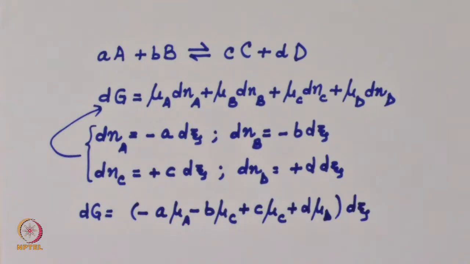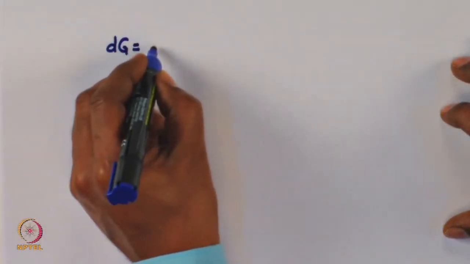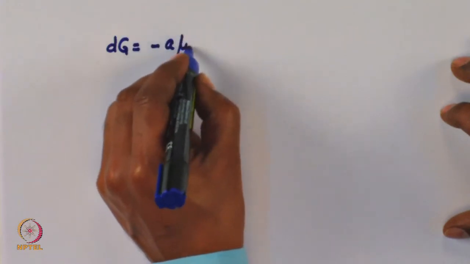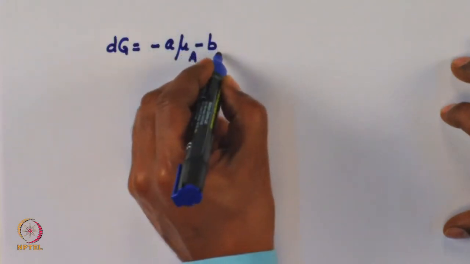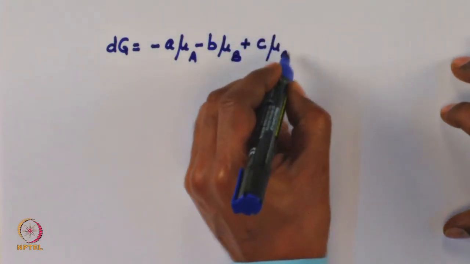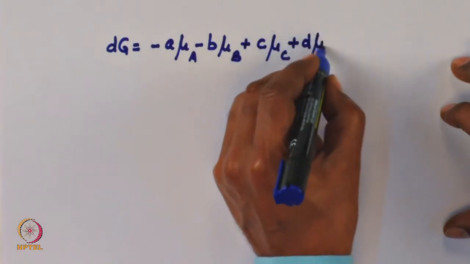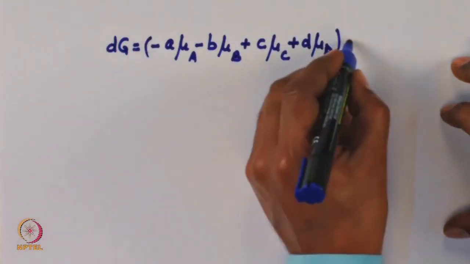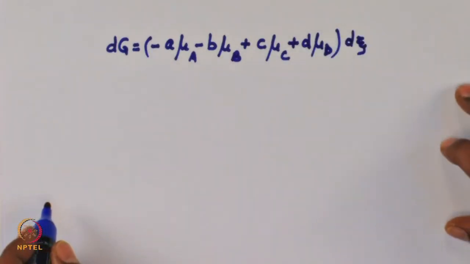Let us continue. What we have done is come up with an equation that dG is equal to minus nu A mu A minus nu B mu B plus nu C mu C plus nu D mu D, times d xi, and remember that pressure and temperature are kept constant.